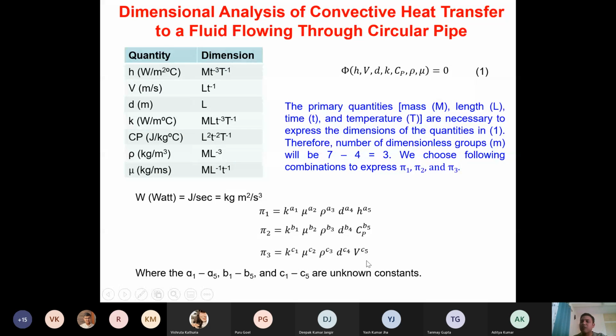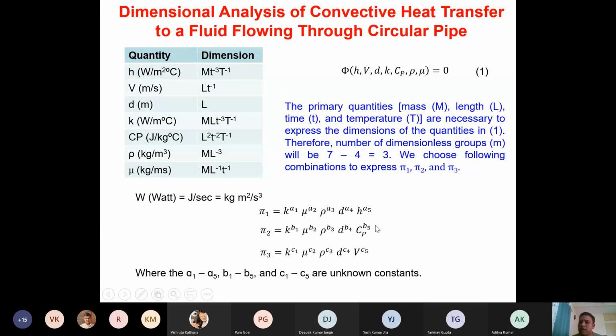Here, since there are 7 quantities and we have a choice of only writing 3 equations, there will be 3 variables which will be selected, h, Cp and V, to be varying in these 3 equations. You could have selected mu or some other variable instead of h, it doesn't matter.